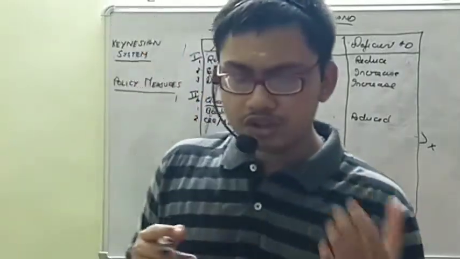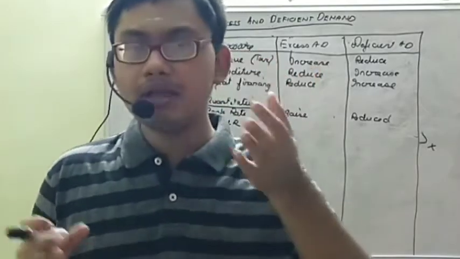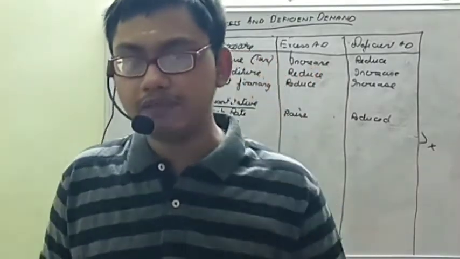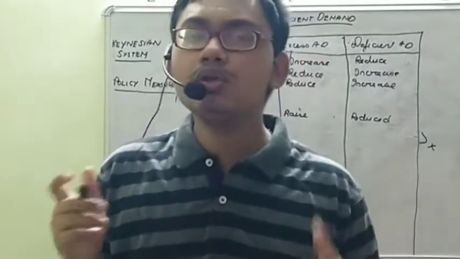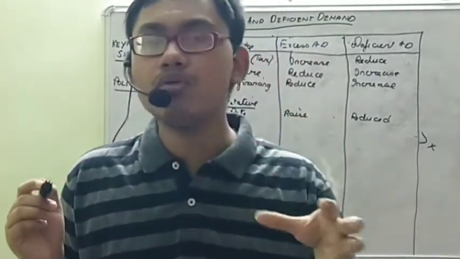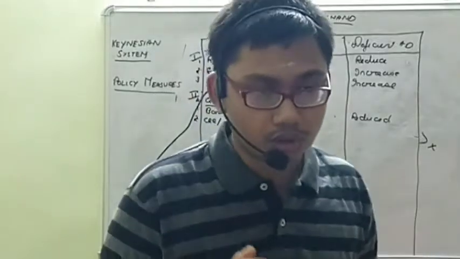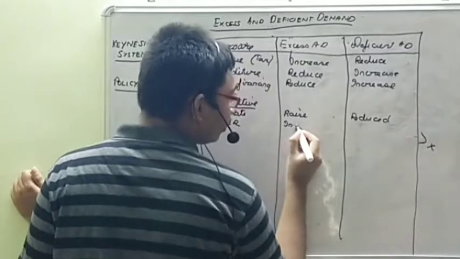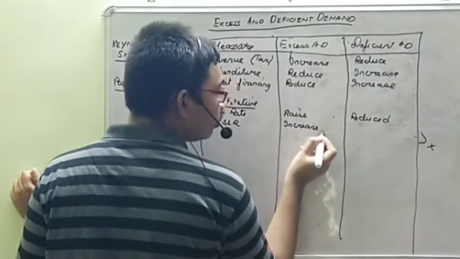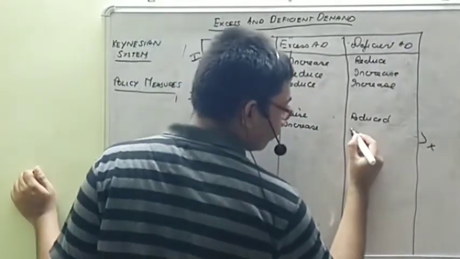So if this rate is increased, the banks will have to keep more money with them or more money with the central bank. So the net amount which they can lend to the public will fall. Therefore, in case of excess demand, this should be increased so as to reduce the purchasing power.